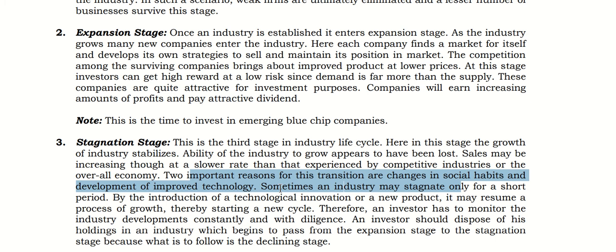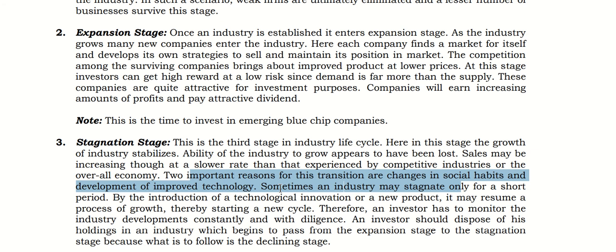The second thing is how fast technology is changing. These two things really decide the future of the company. Of course decline would be there, but how long they can sustain. Maybe they can sustain for another 2-3 years, maybe they will die in another 6 months. So it depends on social habits of the people and the technology level of the market.